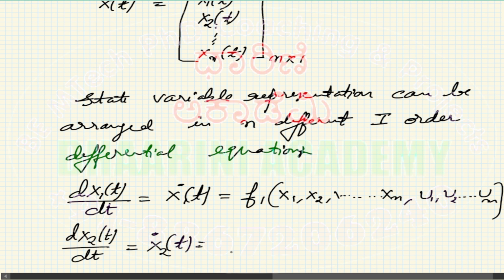It's not f1, it is f2, because the way in which all the state variables and all the inputs affect your second variable is completely different compared to the first variable. The variables are still the same: x1, x2, up to xn, comma, u1 up to um. So that's all. Okay, so like that, let's go to the final equation.